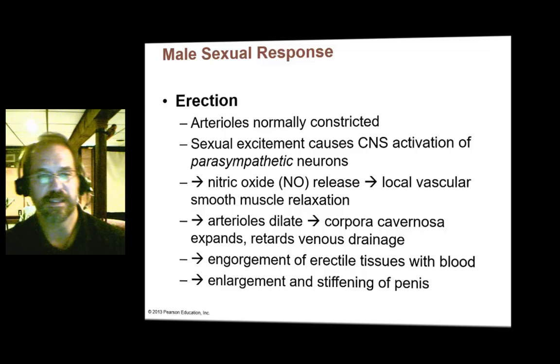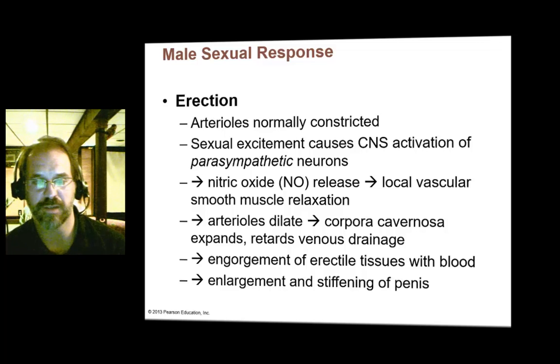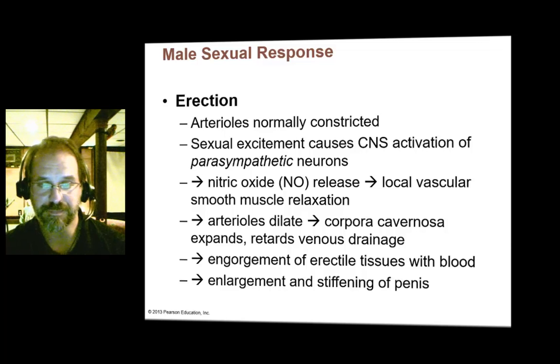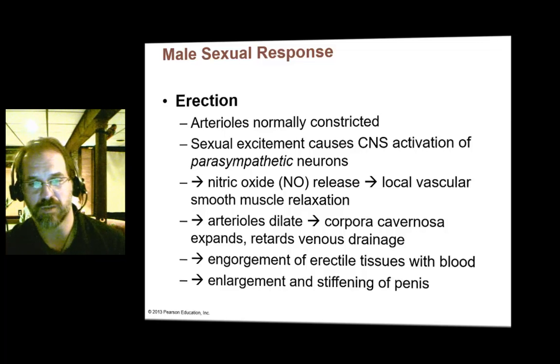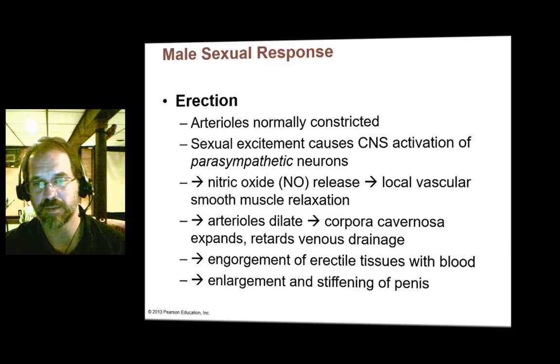So in order for a male to be able to deliver the sperm to the female reproductive tract, they're going to have an erection in the copulatory organ. The way that's achieved in a male is to dilate the penile arteries and constrict the penile veins. And that is done by a parasympathetic, usually a sacral response from the parasympathetic nervous system, where the release of acetylcholine causes nitric oxide to be released.